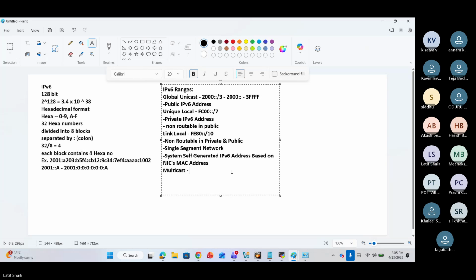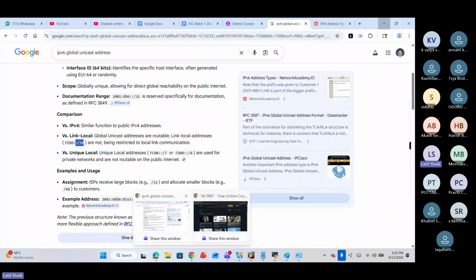Okay, this is FD. That is FC, means this is FD. Then the multicast address range, that's class /7/8.